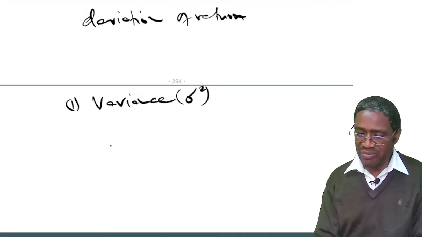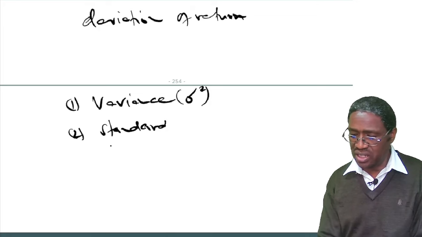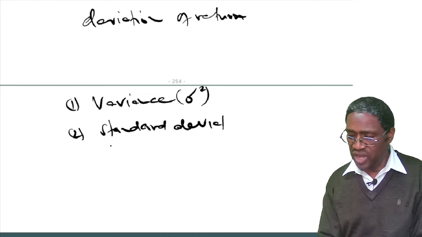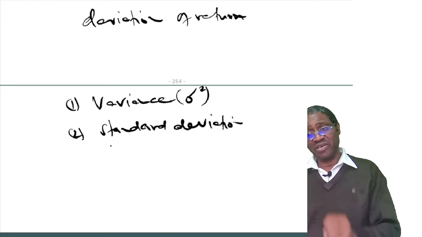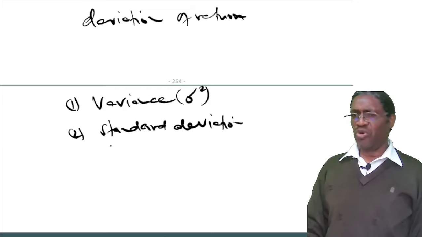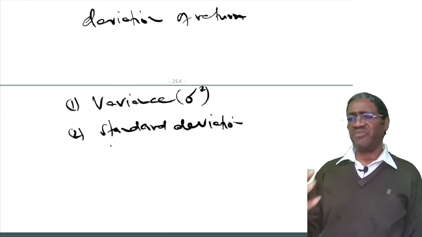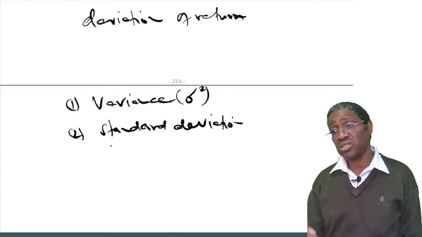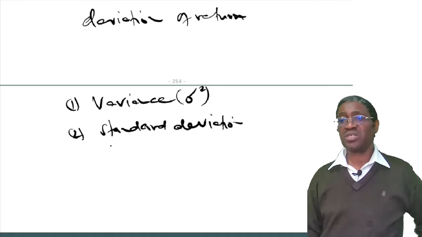The second measure of risk is you can calculate what we call the standard deviation of that investment. And of course, I hope you still remember your mathematics, where standard deviation is normally the square root of the variance.